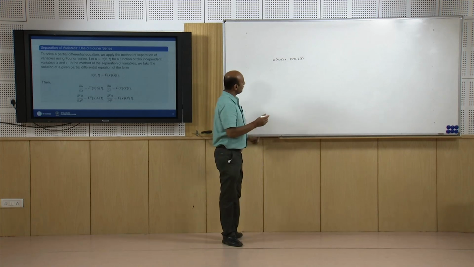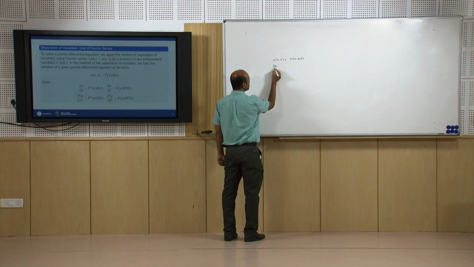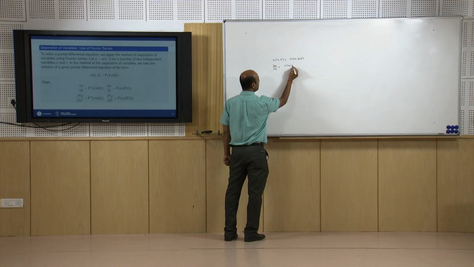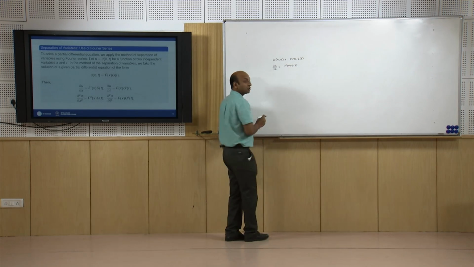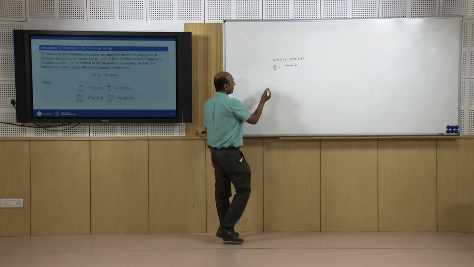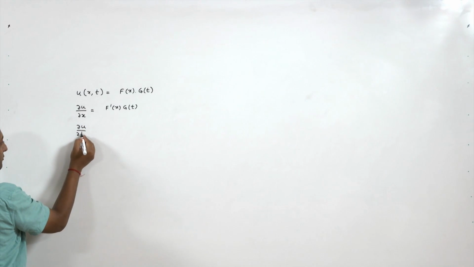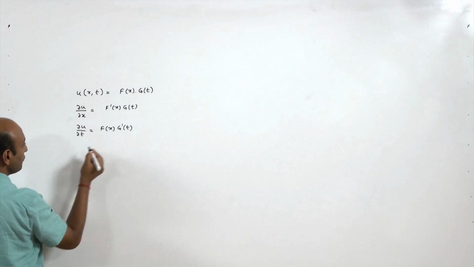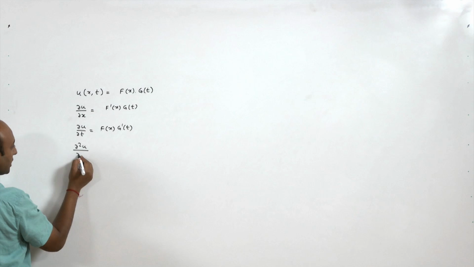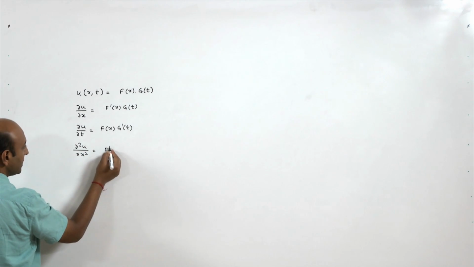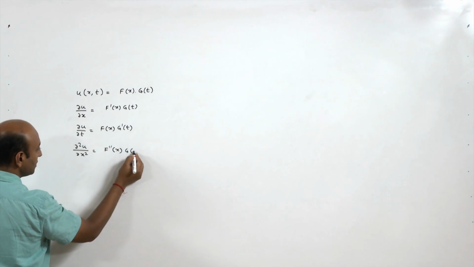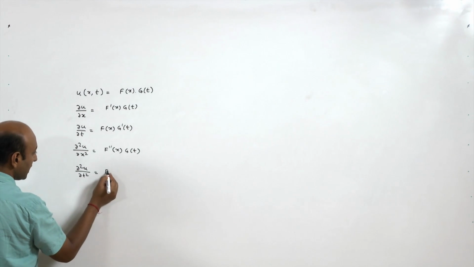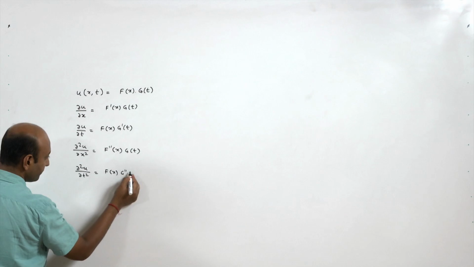Now, we find del u by del x. It will be nothing but f dash x into g t, because g is only a function of t. Del u by del t will be nothing but f x into g dash t. Del square u by del x square will be f double dash x into g t, and similarly del square u by del t square will be f x into g double dash t.